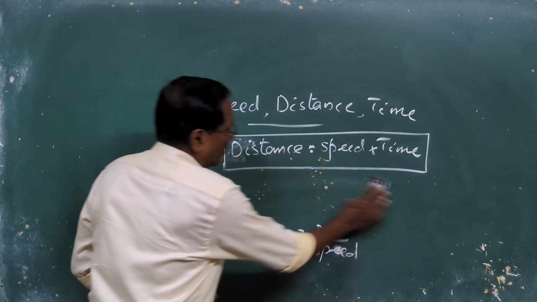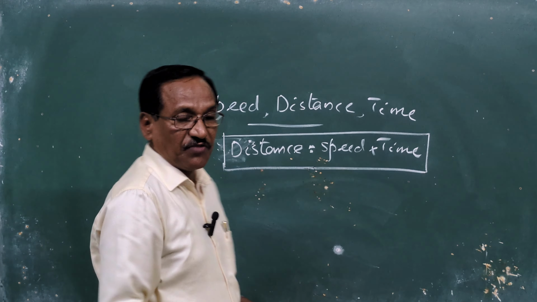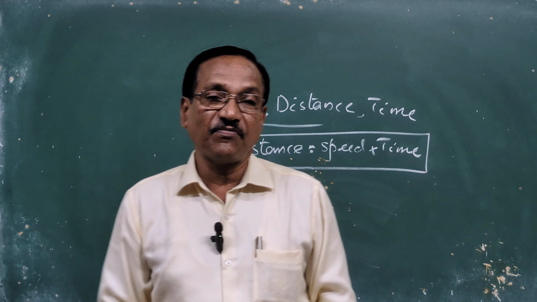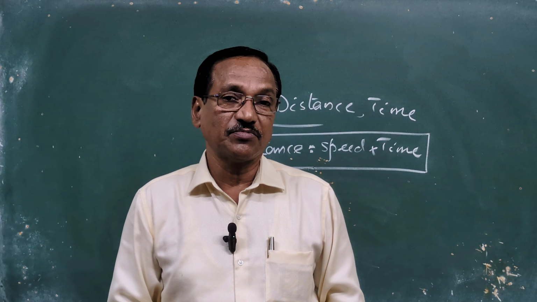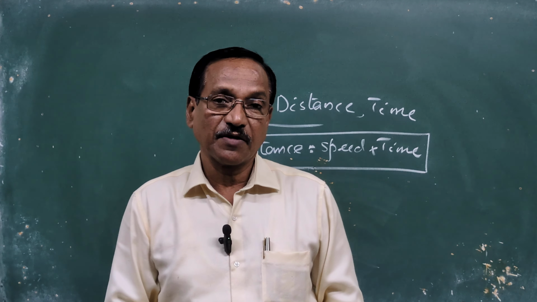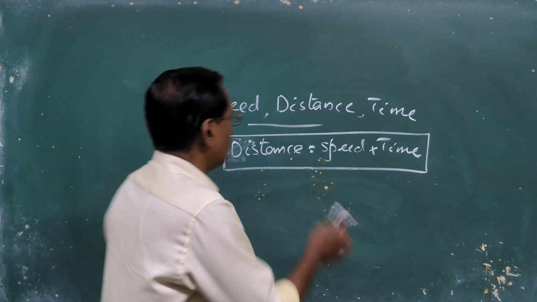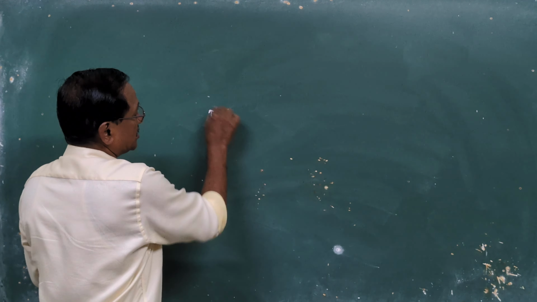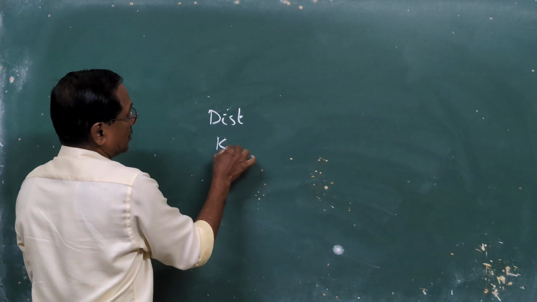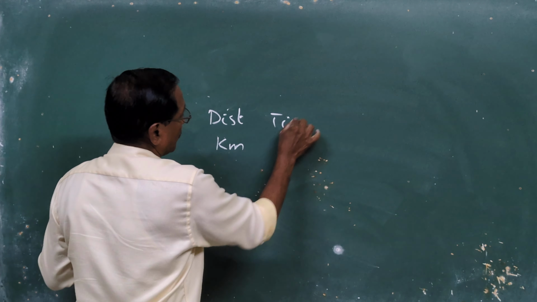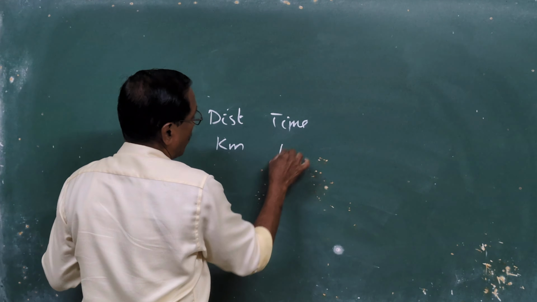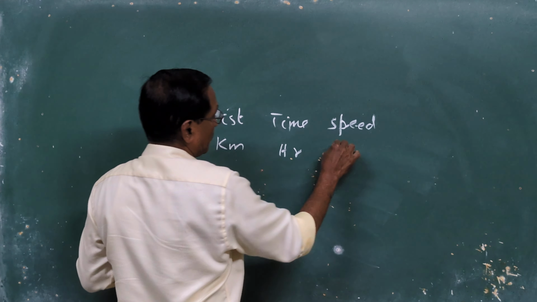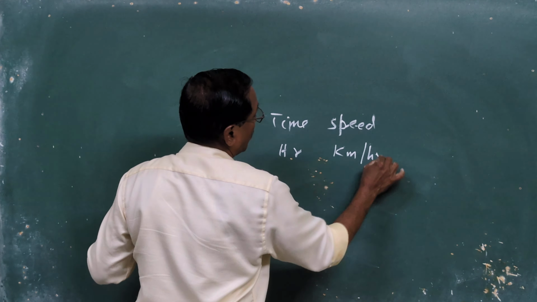Now, when we do the problems involving speed, we must be careful of the units of distance and time and speed given in the question. That units must be in this form.